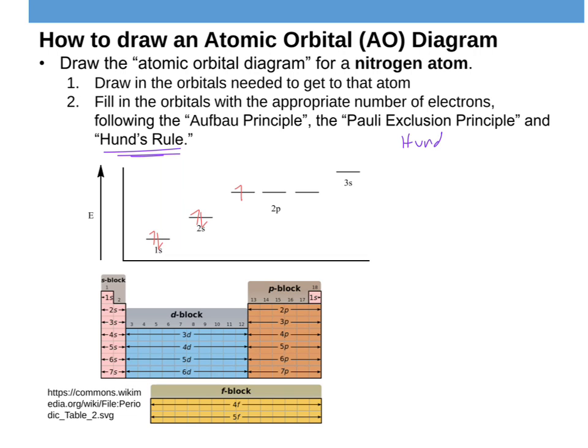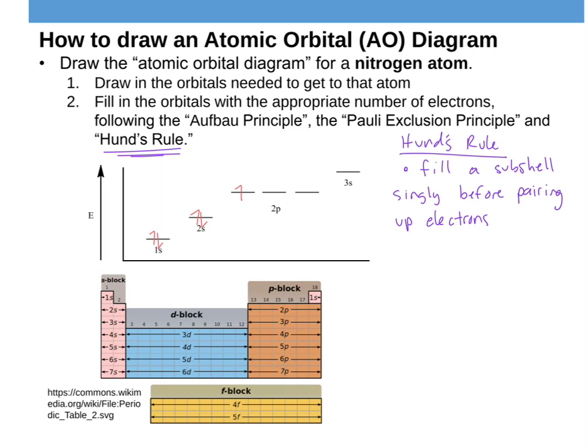And Hund's rule basically says you fill a subshell, like the 2p subshell, for example, singly before pairing up electrons.